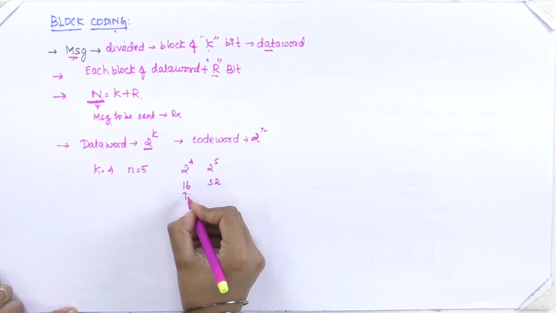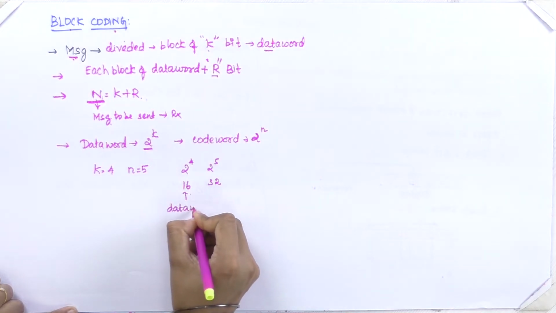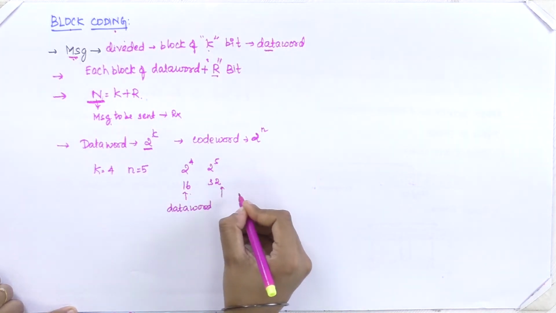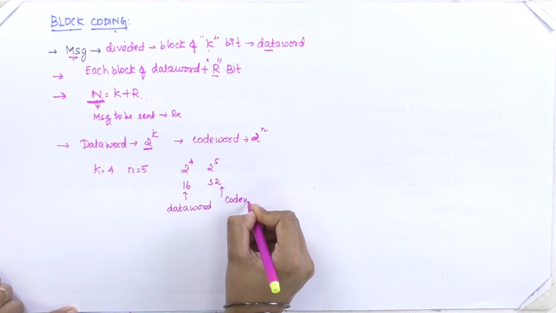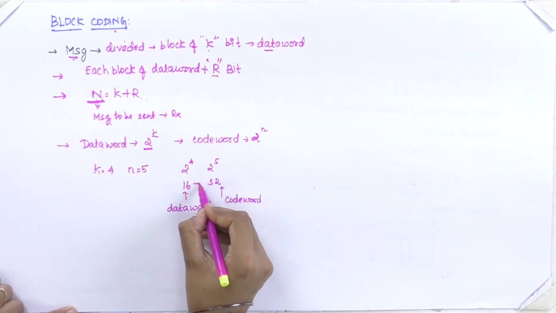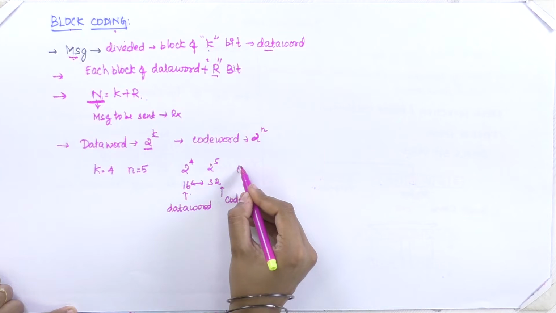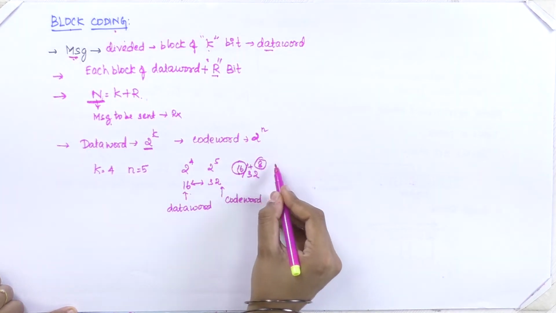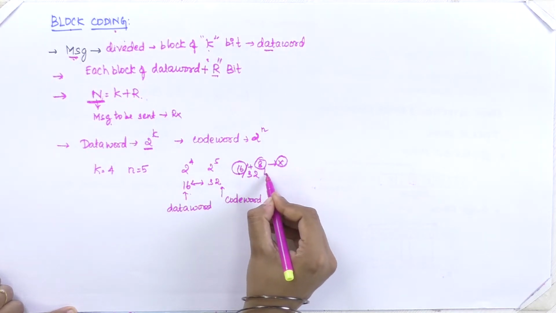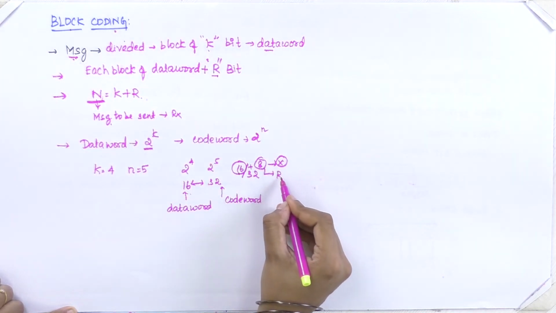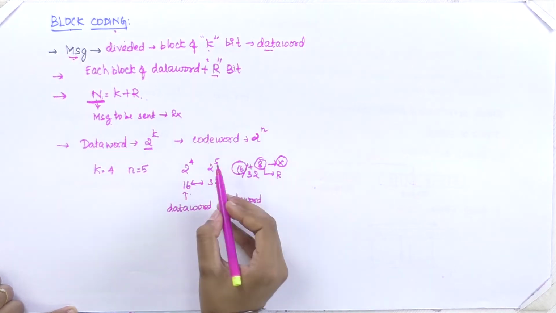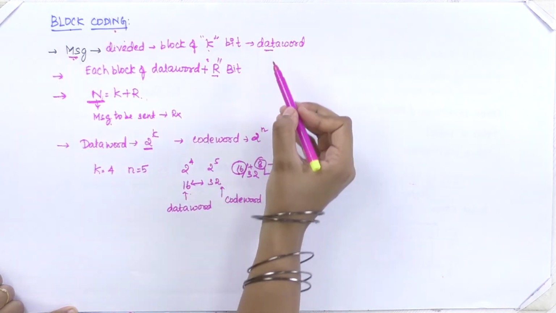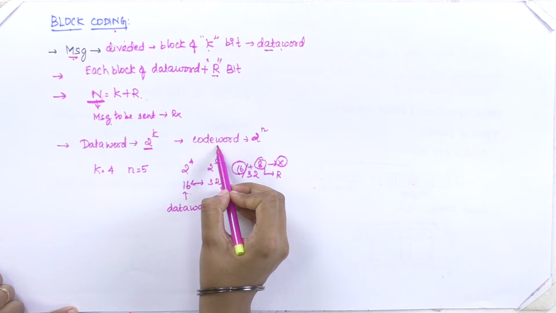So this is the number of possible data words and this is the number of possible code words. If you see the difference, out of 32 code words, only 16 are used for messages, whereas the other 16 are not used, or used for some other purpose. Yes, so this is the concept of your data word and your code word.